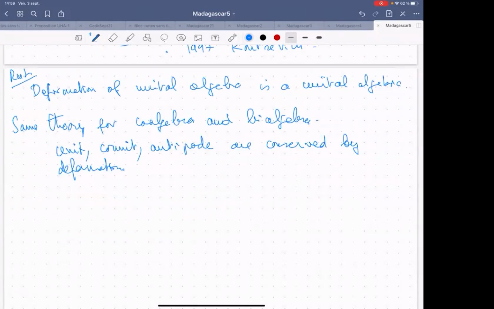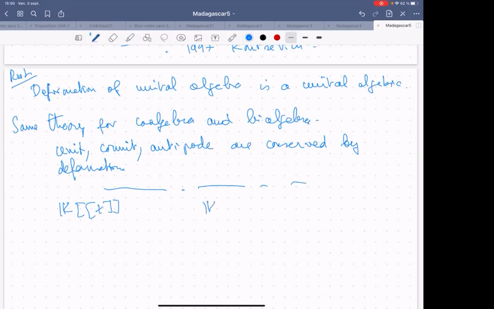Now let me just make some remarks and comments about other approaches. In fact, the most popular way to deform is by using one parameter formal series.